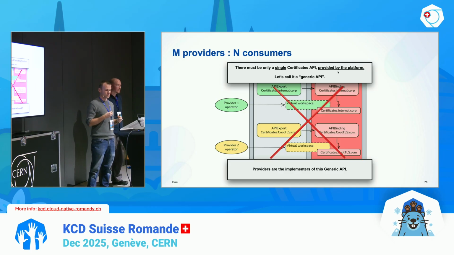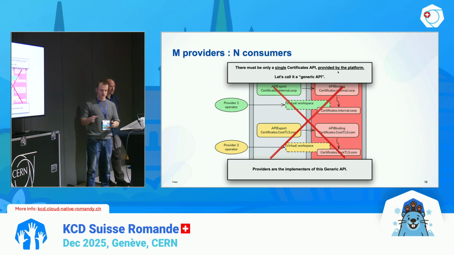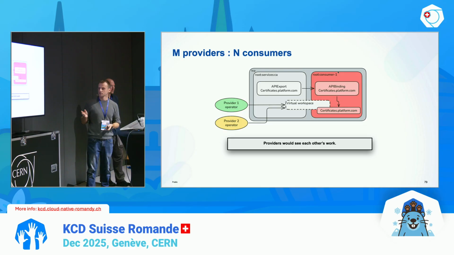But it's on you to provide a common interface to which the individual providers can listen and reconcile. So we can call it a generic API from now on, and it's generic because it sits in the middle. There are the providers, there are the consumers, and in the middle you have this generic API which needs to be implemented by both of the parties. So let's do that.